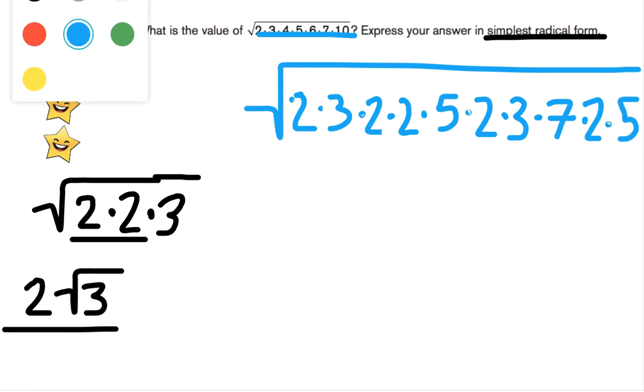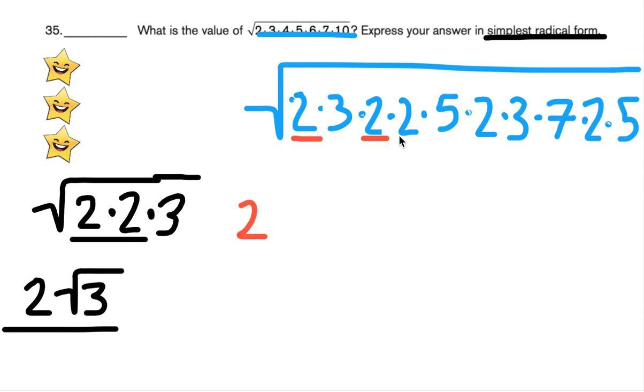And now we're going to pull out the perfect squares. Right here, we have 2 times 2. So that's a 2 that we're going to pull out. And then we have another 2 times 2. So that's another 2 that we can pull out. Then we have a 3 times 3. We can pull it out and make it a 3.